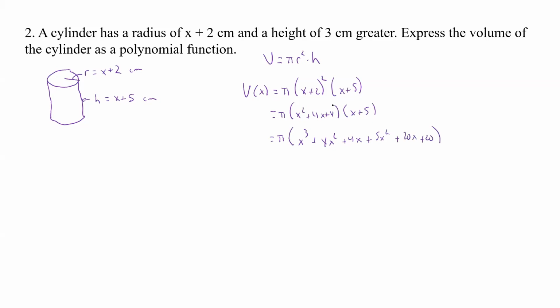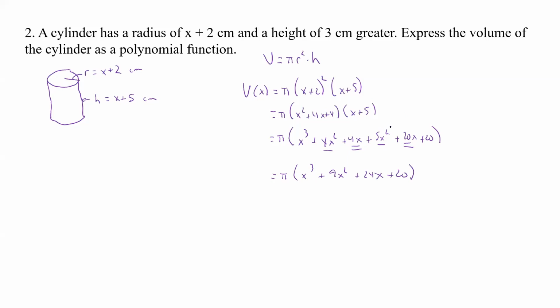And so now we've taken each one of those times everything there. Now we need to add like terms. So that's equal to pi times x cubed plus 9x squared plus 24x, then plus 20. Okay.